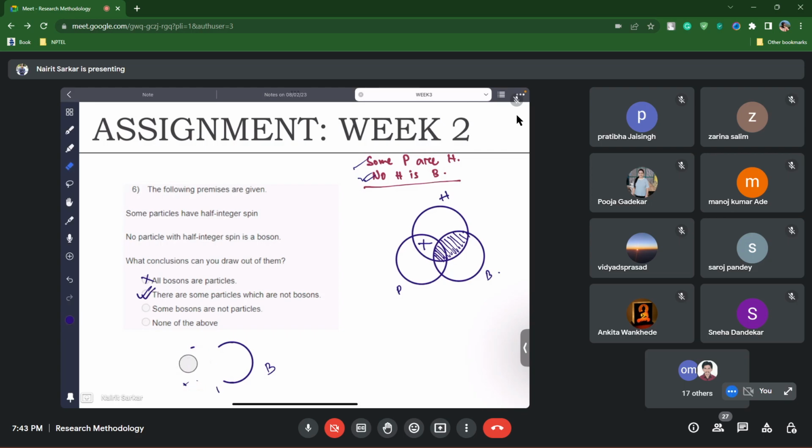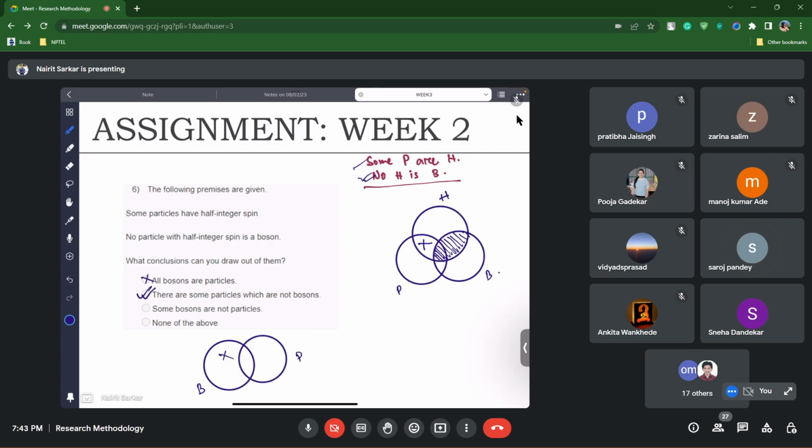Then some bosons are not particles. Let's draw it. Some bosons, boson, particle. Is it valid? Anyone?